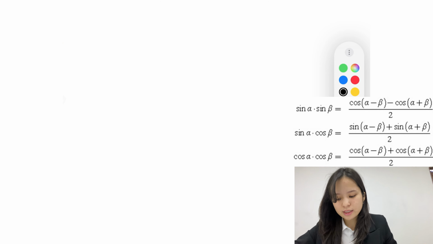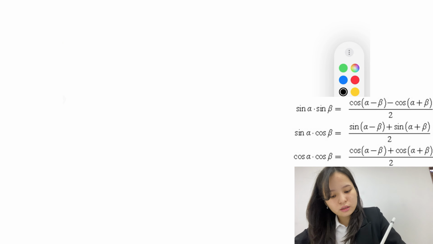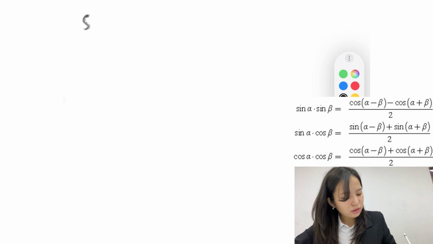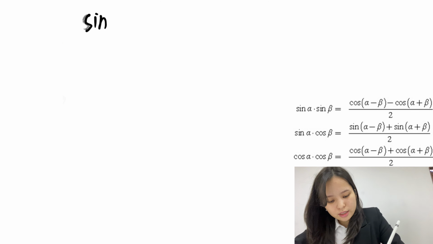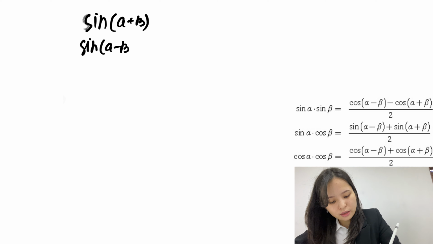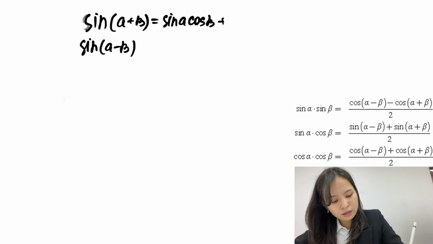The next formula is expressing the product of sine and cosine as a sum. We need to prove this formula. To prove it, let's take the sum and difference formulas for sine A plus B and sine A minus B. Sine A plus B is equal to sine A cosine B plus cosine A sine B. Is it right?